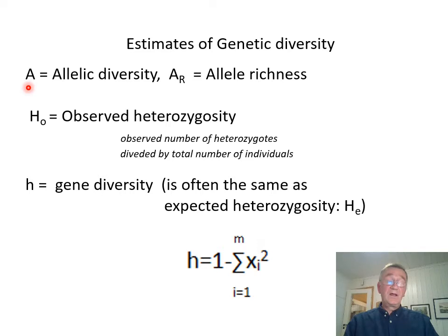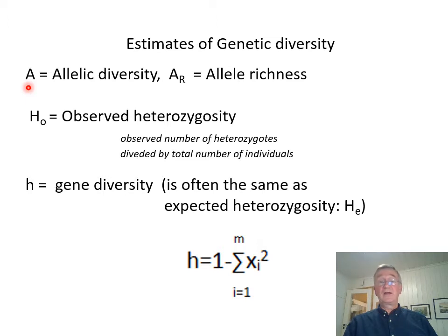So if we find 4 alleles in one locus and 6 alleles in another locus, then we have 10 alleles, and if you have 2 genes, then the A value will be 5. So we don't say anything about which alleles are more common than others.